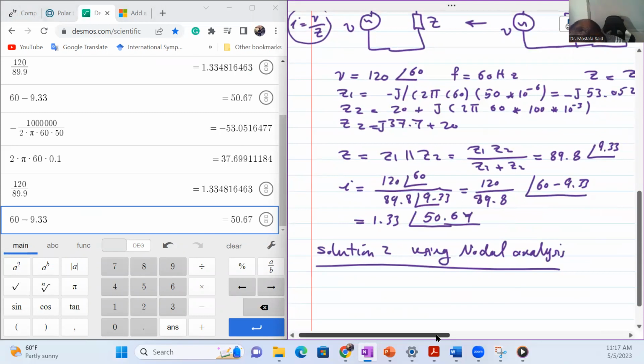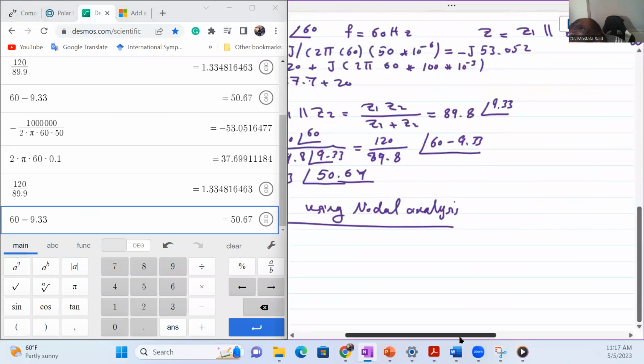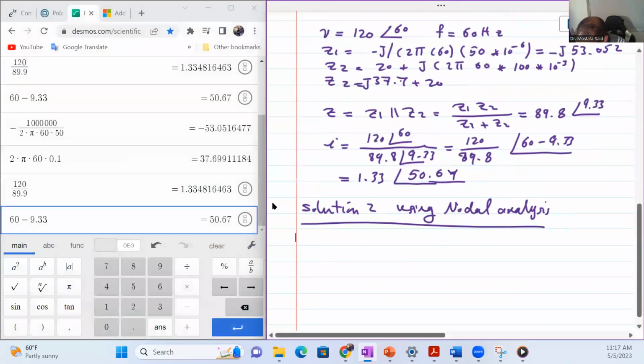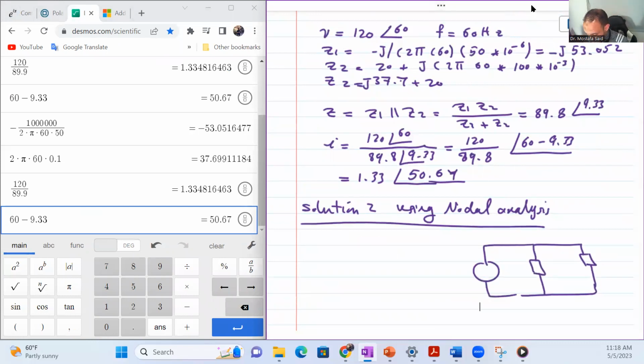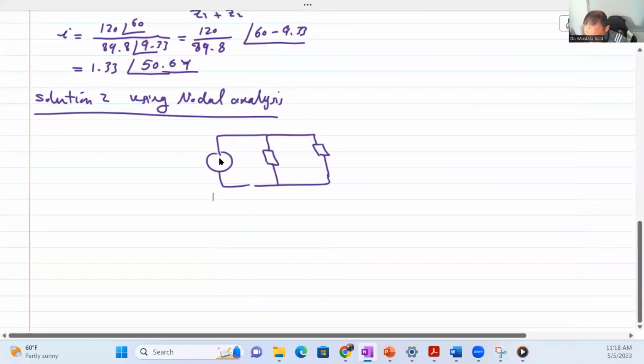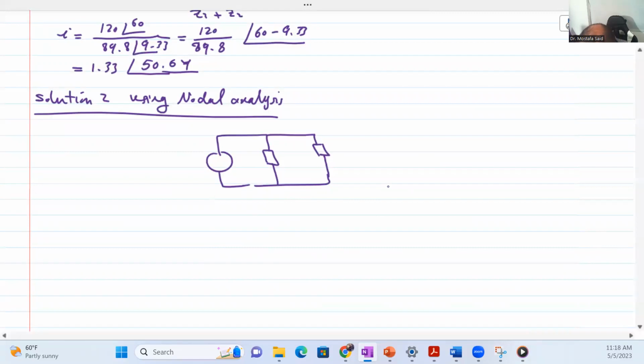Okay, so let's redraw our circuit. Here is our circuit. We have three branches like this.